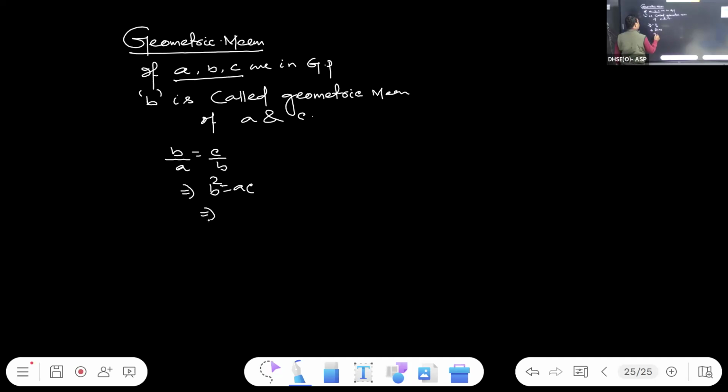This implies B is equal to AC to the power half, or B is equal to root over of AC.